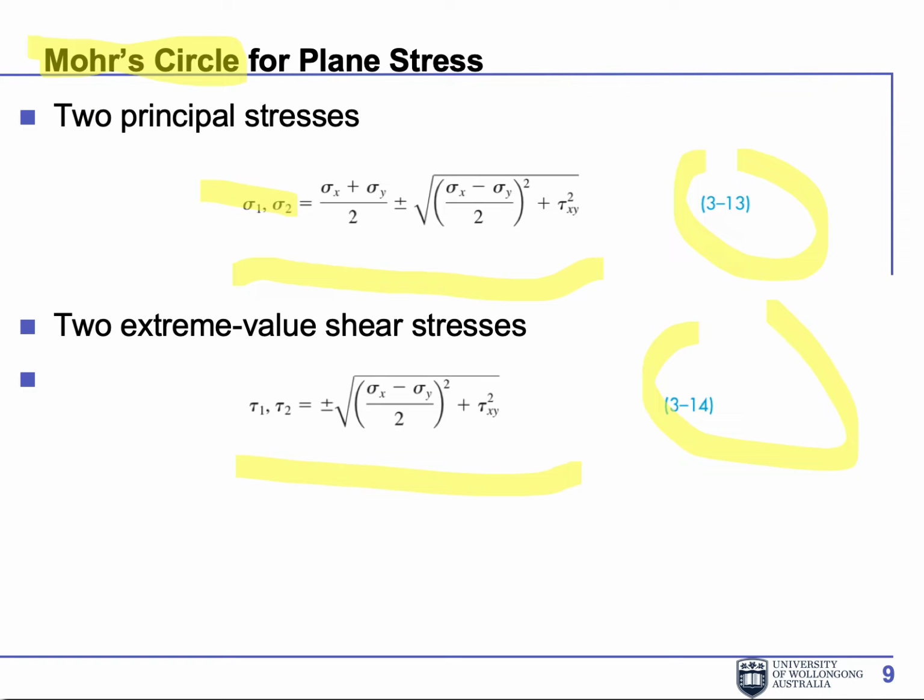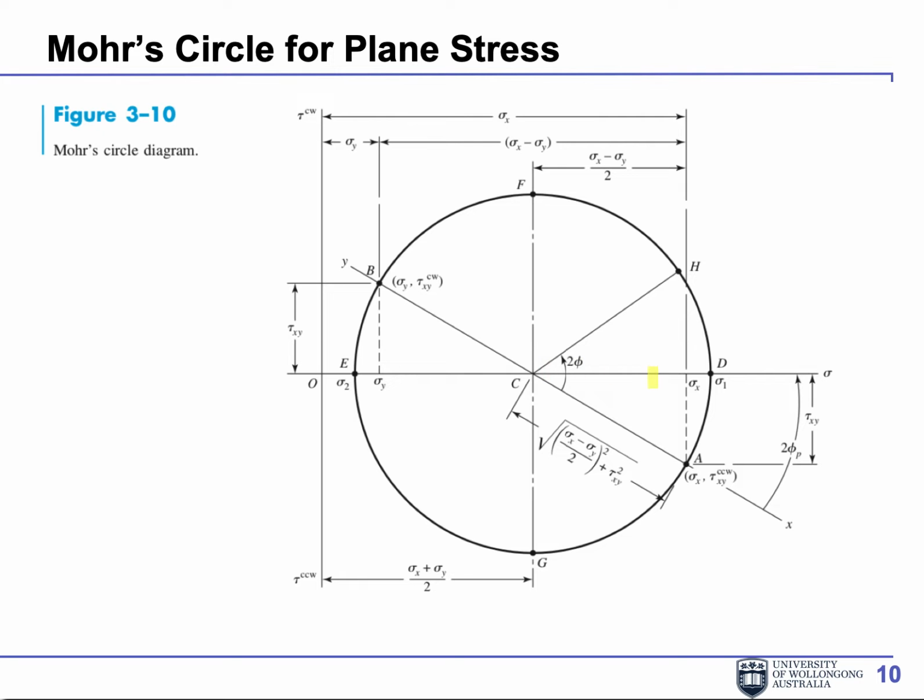But if you do understand, this will make things much easier to interpret, and you don't have to memorize anything. Basically, you've got 2 points on a circle and you're trying to solve the circle. So this is a Mohr's circle we're talking about.